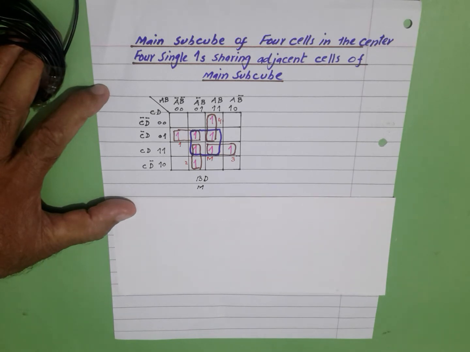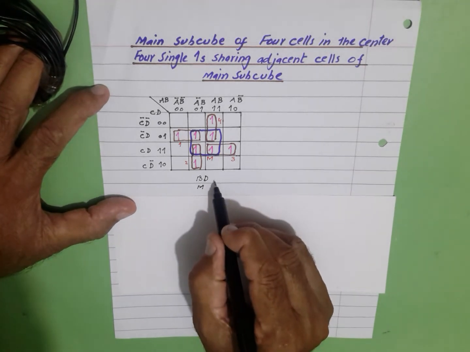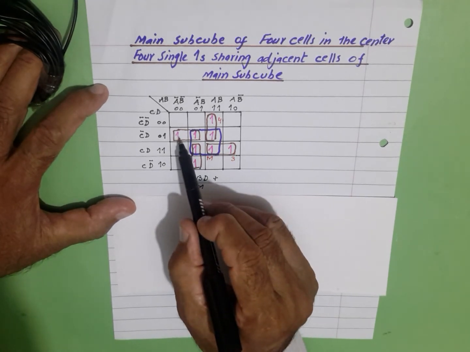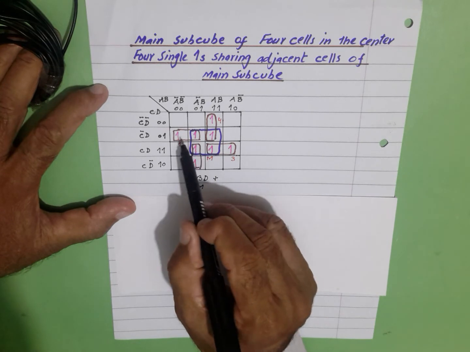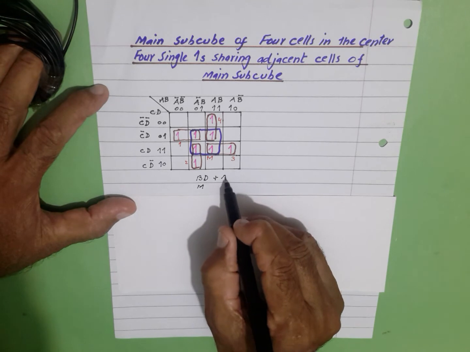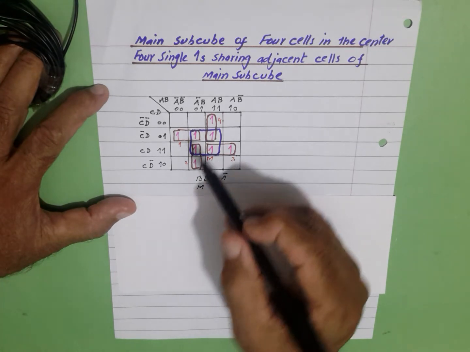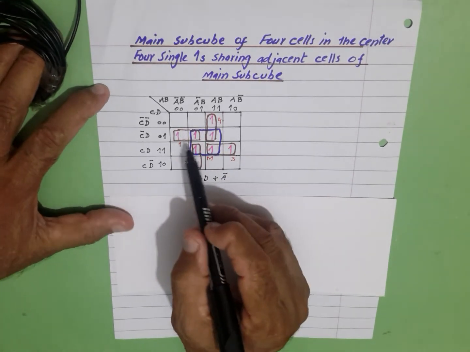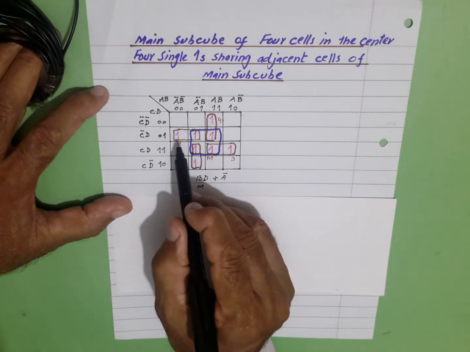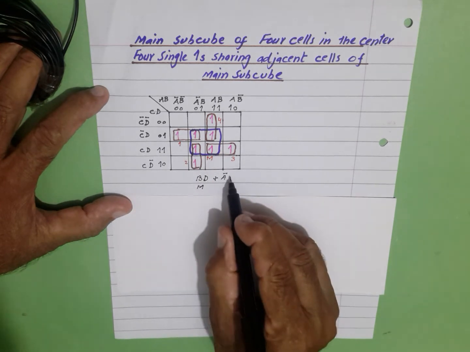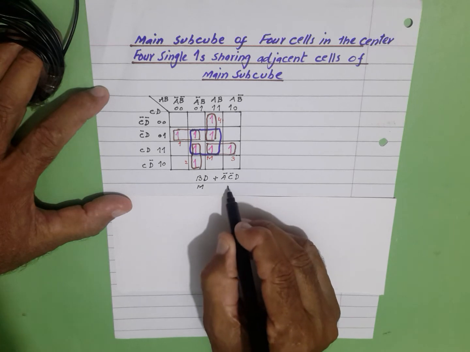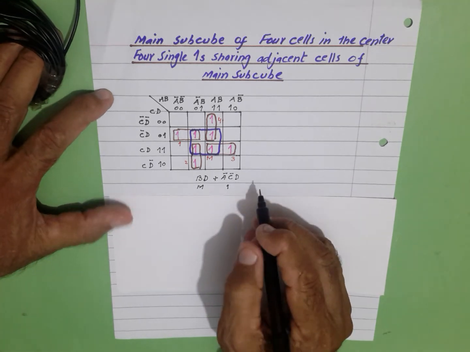Let us now write for the first loop. It is from this column to this column, vertical column. A bar is not changing. We write A bar, and horizontally it is C bar D. C bar D. This can be called the first loop.